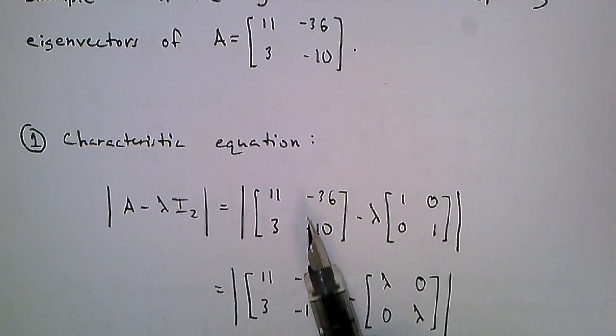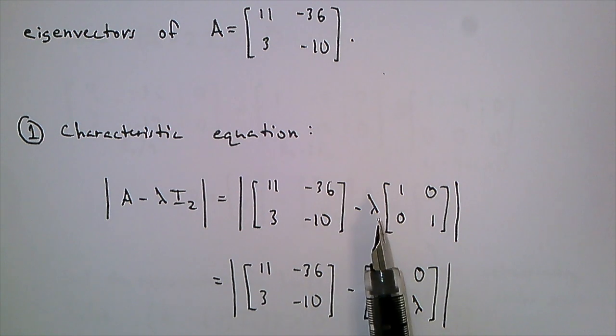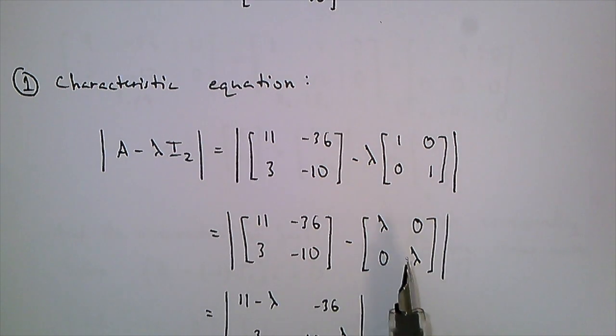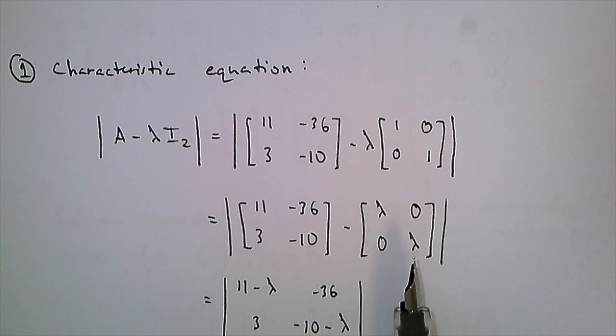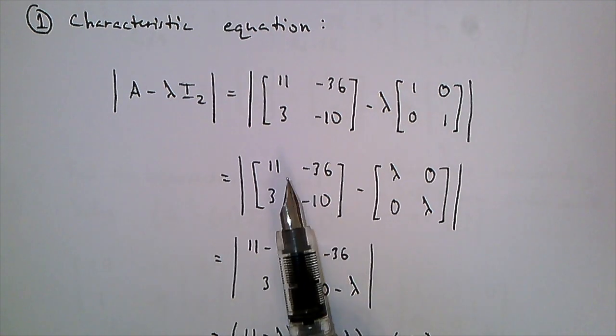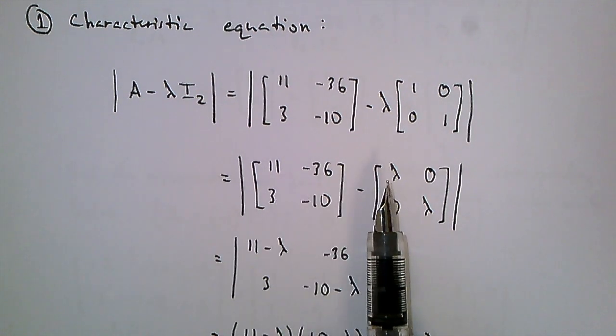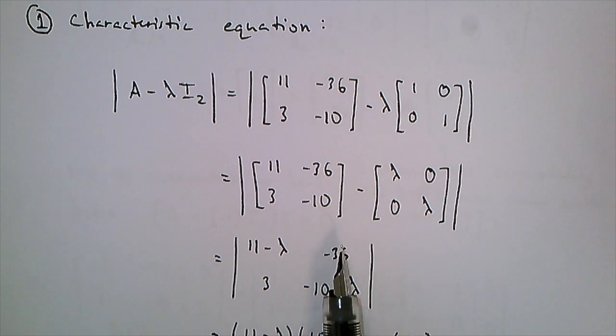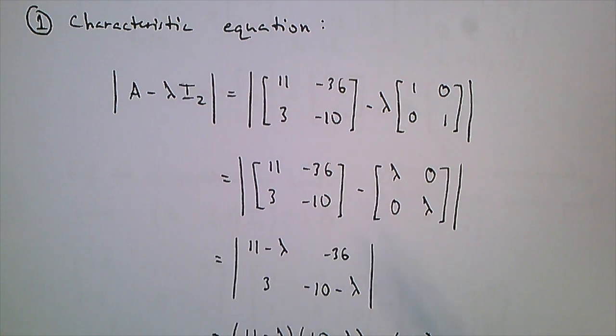And in order to combine this into a single matrix, you'll have to multiply through by lambda here on the identity matrix. So you get lambdas on the diagonal, zeros everywhere else. And then you do the subtraction. So 11 minus lambda, and then minus 10 minus lambda, and then nothing changes in the other two entries.